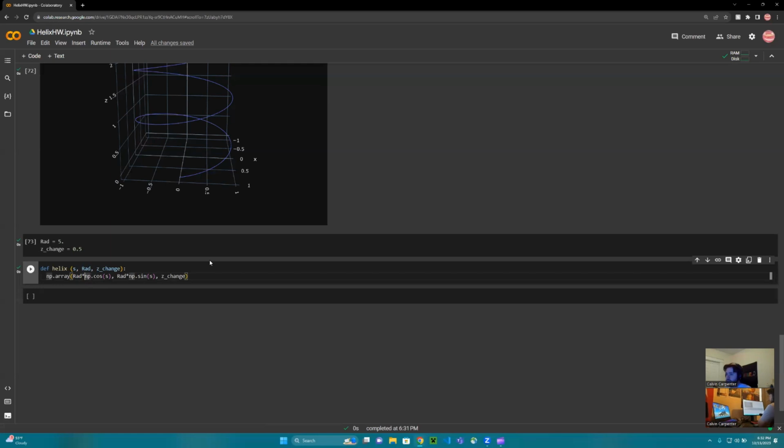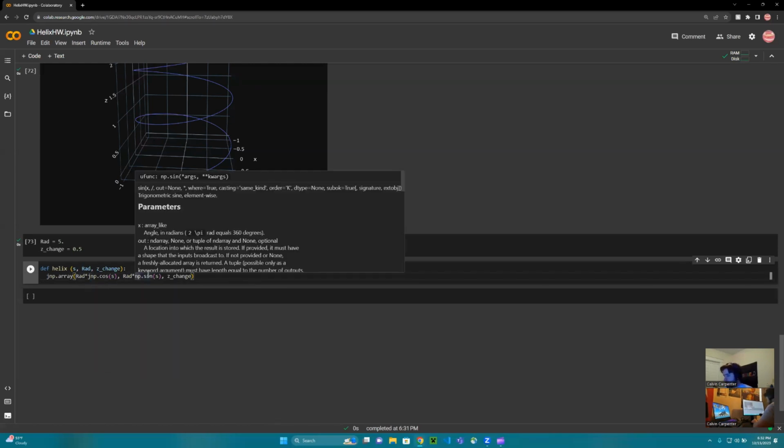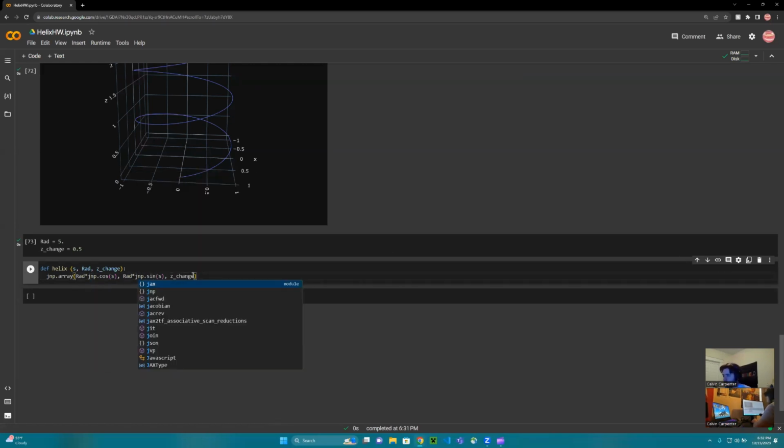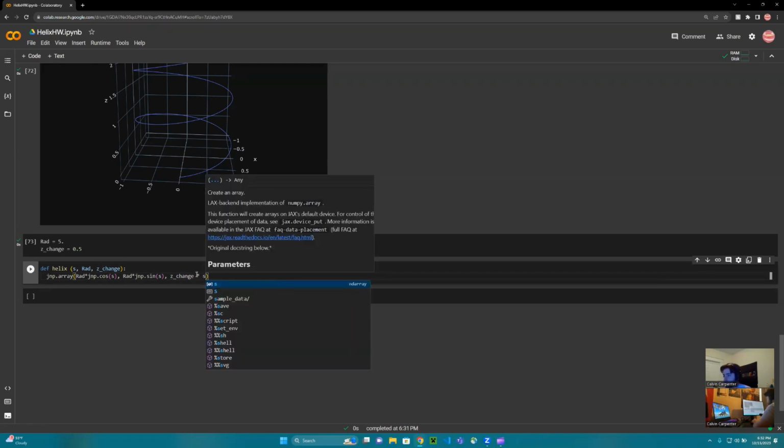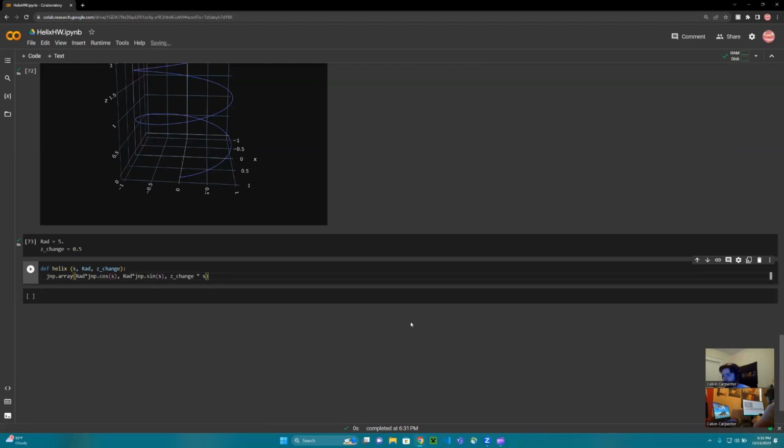This is supposed to use jax here because we're going to have some functions that we need to use, such as the Jacobian later on. So this needs to be in terms of jax.